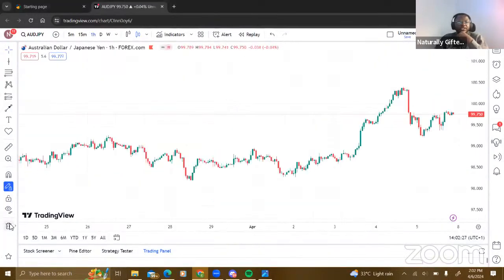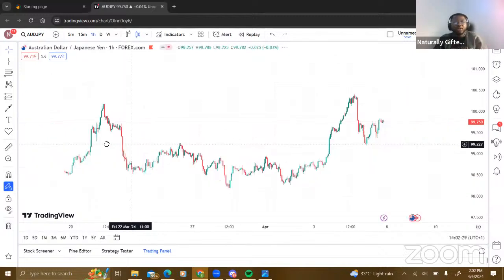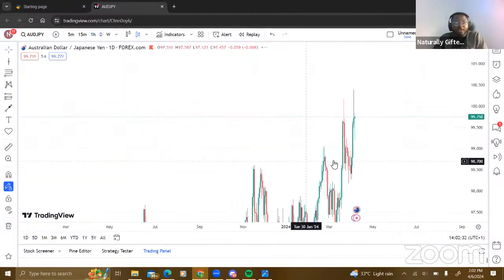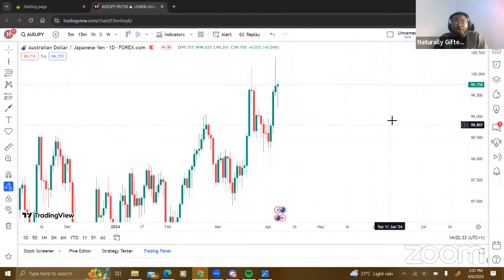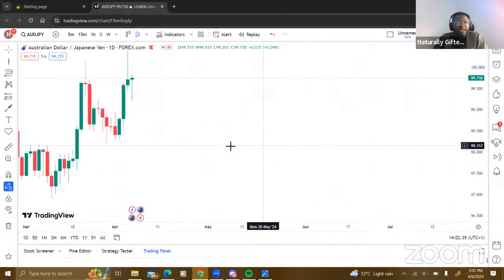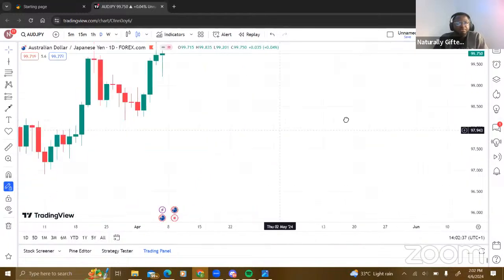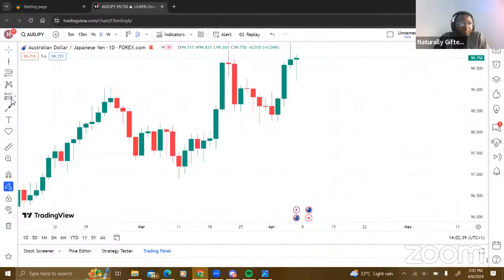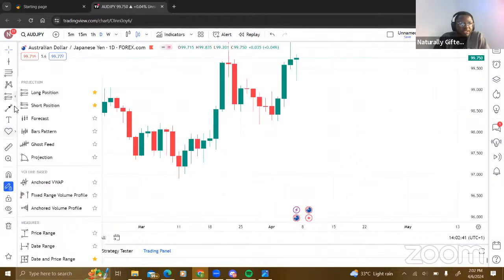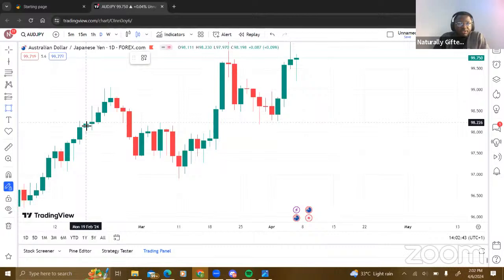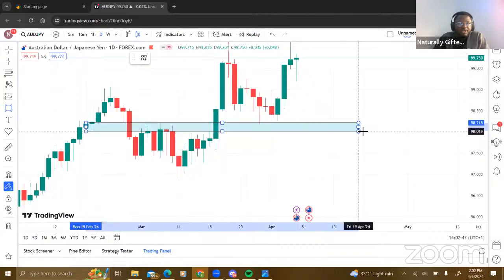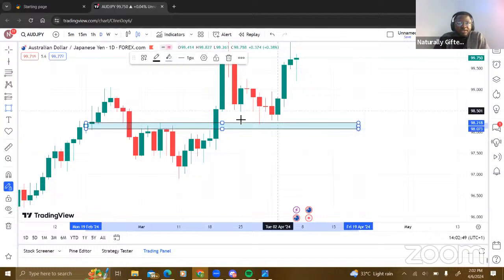Okay, so we have AJ now. I'm going to clear all of this. Remember, I stick to the daily time frame. What am I looking for in the daily time frame? Reversal areas. And ladies and gentlemen, look at this. This is a reversal area on AJ in the past. And I can also see that price came in here and moved up.